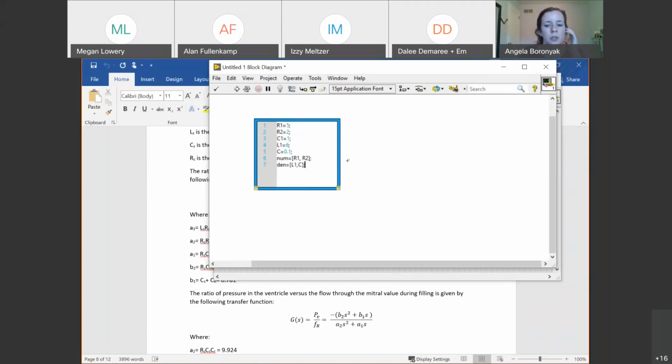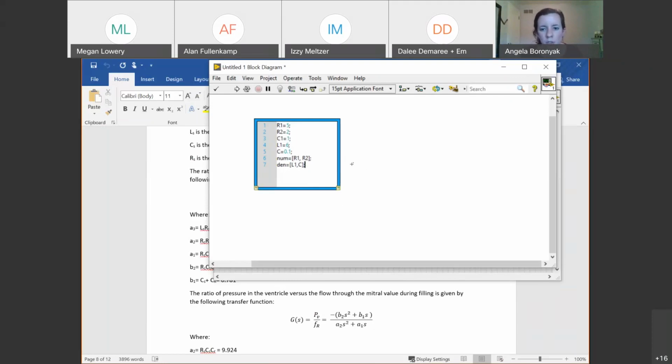I want to point out a difference that I kind of went through in the lecture for this, between how LabVIEW makes a transfer function based on coefficients and how MATLAB does.